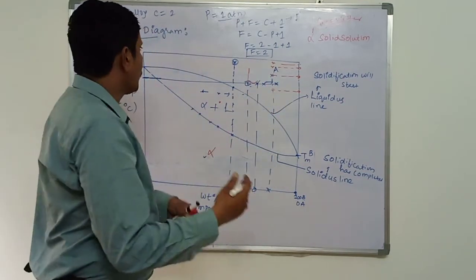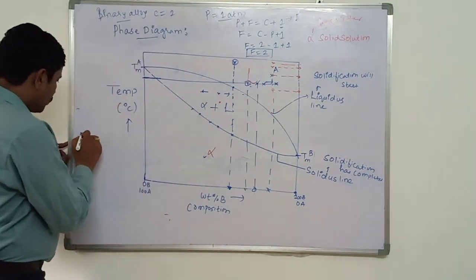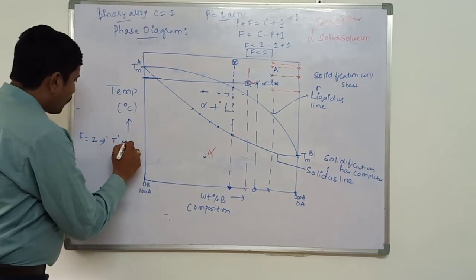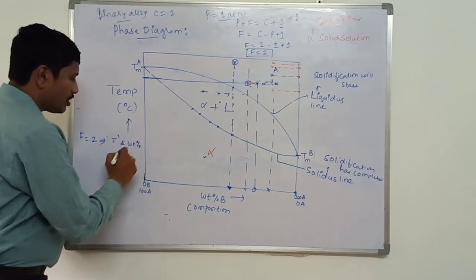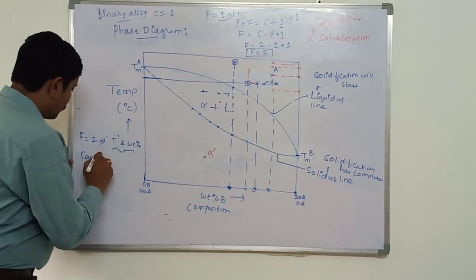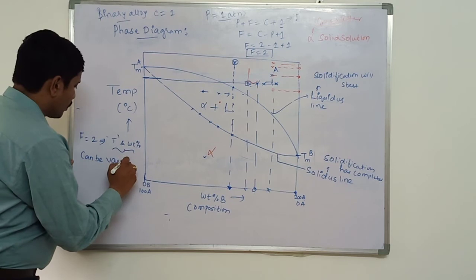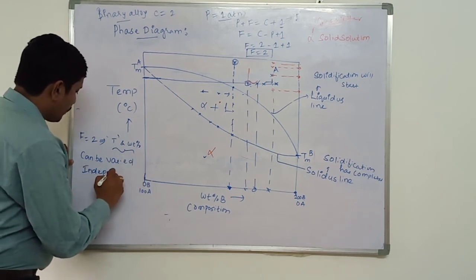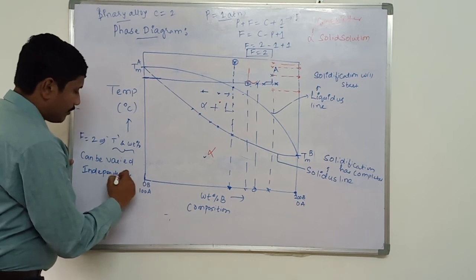It means degrees of freedom equal to 2 implies temperature and composition both can be varied independently.